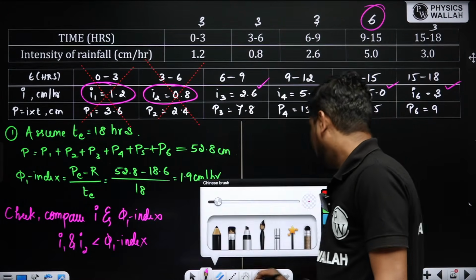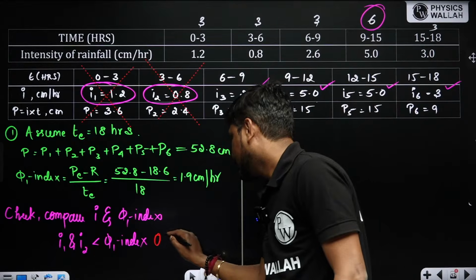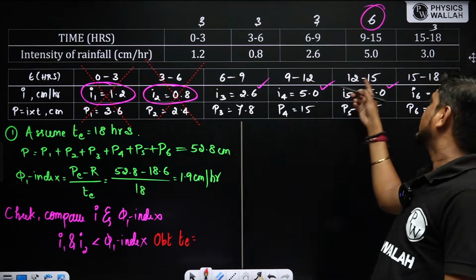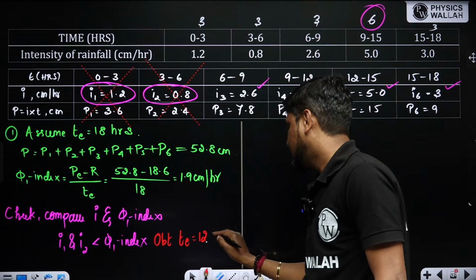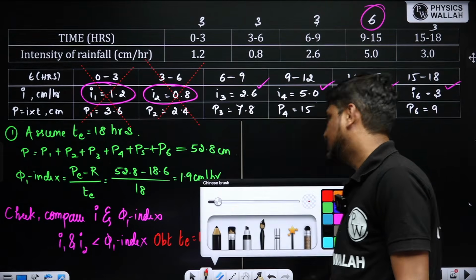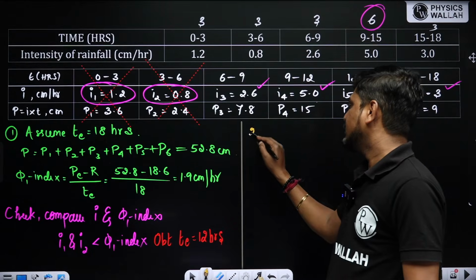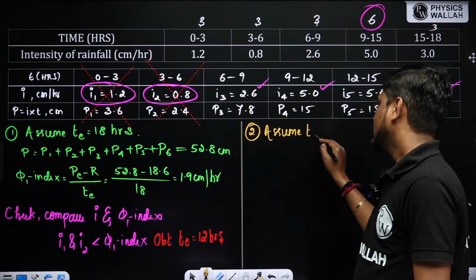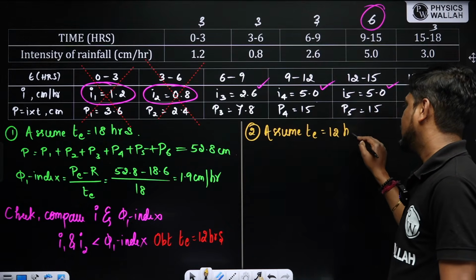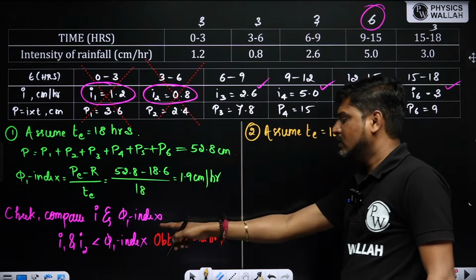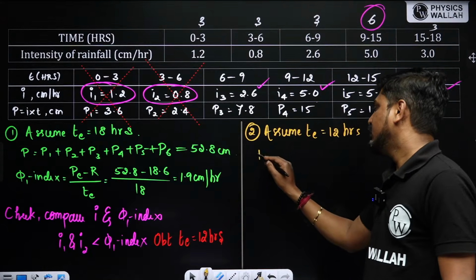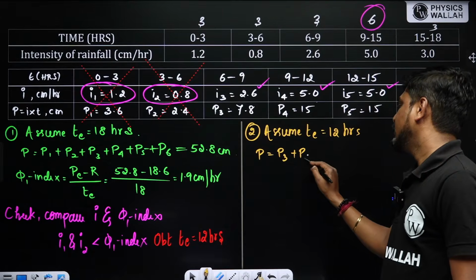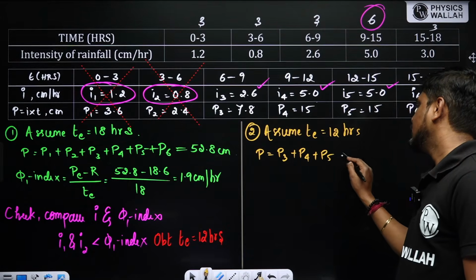So your obtained TE, 3 plus 3 plus 3 plus 3, 12 hours. So this should be your next assumption. So in the second assumption, assume TE is equal to 12 hours. I1 and I2 removed because they are less than phi index. Now P is equal to P3 plus P4 plus P5 plus P6.